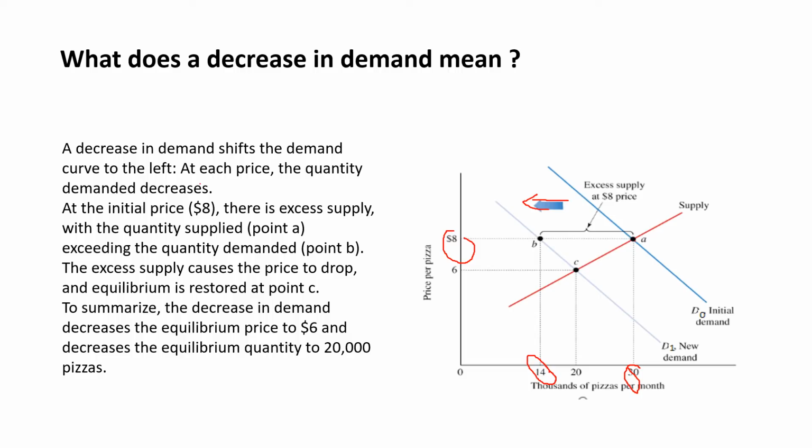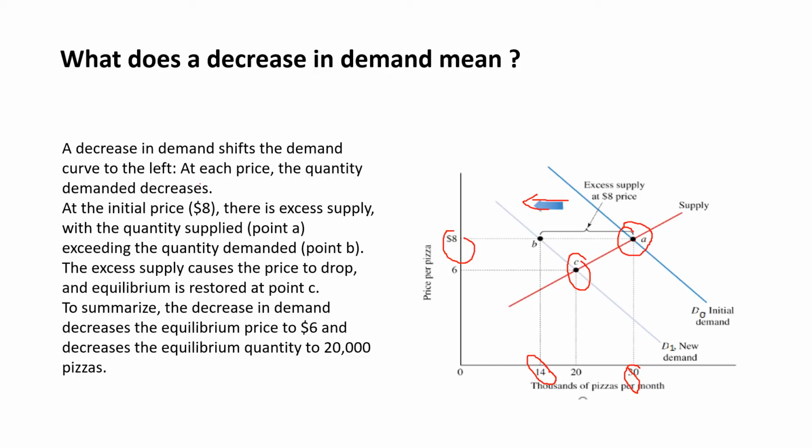Okay, as we can see over here, previously the equilibrium point was at point A. Now, the intersection between the demand and the supply with the new demand curve is at point C. Now, to compare, previously the equilibrium price was 8.